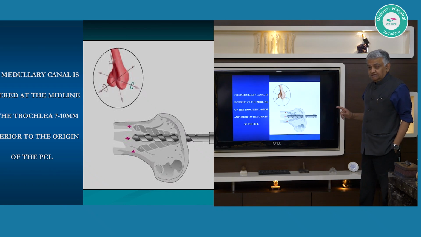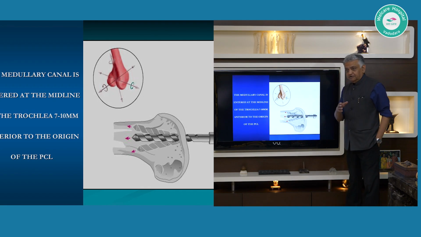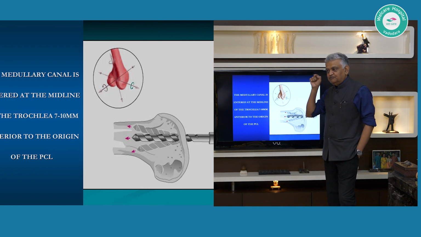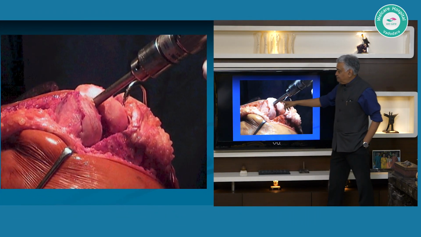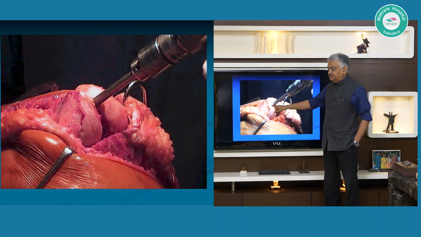You will be able to judge when, in our operation theatre, we will normally use a 3.2 drill bit to create the first small impression. So before you put this, you take this femoral drill which comes with the instrumentation set, you use a 3.2 drill bit.